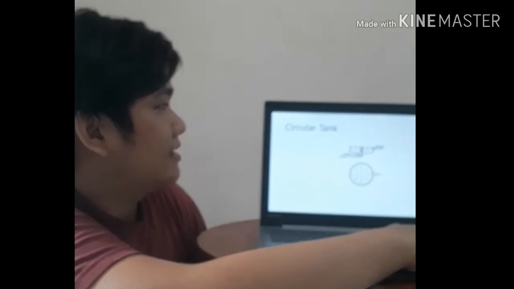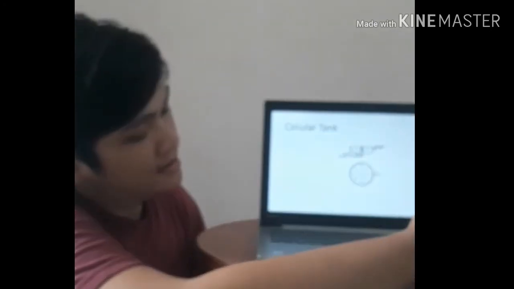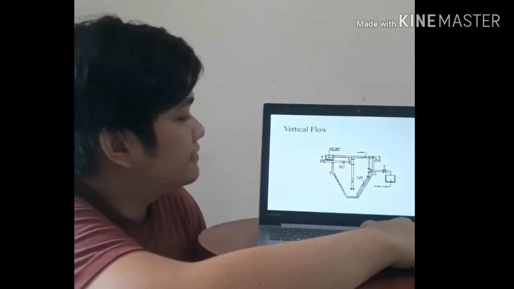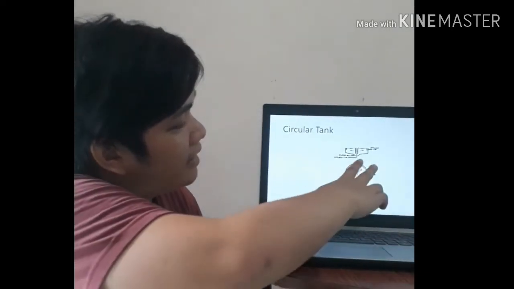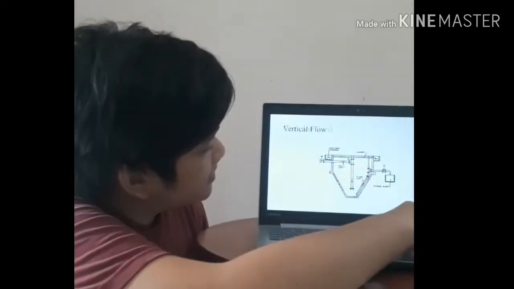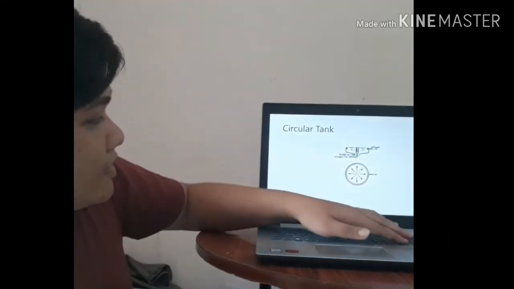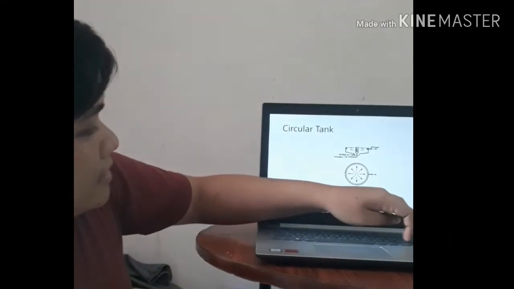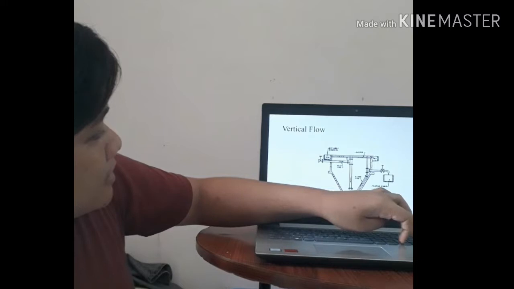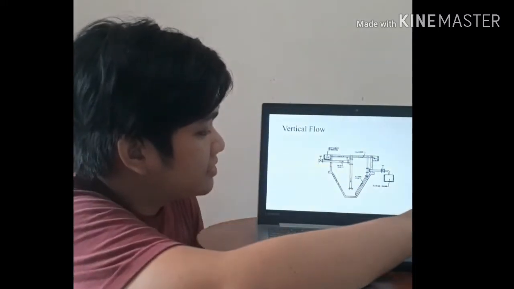This is the circular tank. A circular tank is almost the same as the vertical flow tank. They both have the same purpose, where the inlet is in the middle, then the sludge zone is at the bottom.